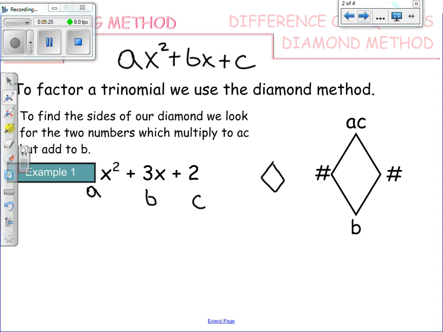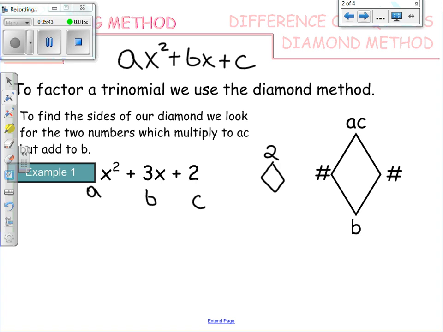Meaning the coefficient in front of your x squared is A. The coefficient in front of your x is B. The coefficient at the end, your constant, is C. So when we do A times C, we just do 1 times 2, which is just 2. Just do the numbers, not the x's.